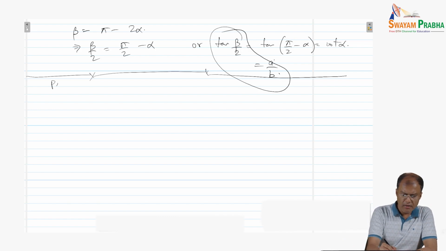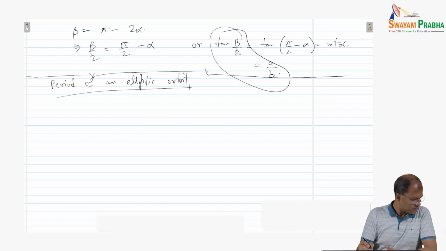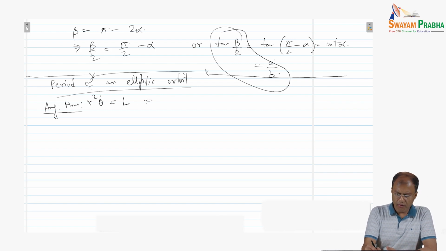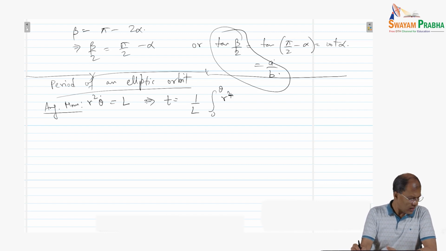So the period of an elliptical orbit. To see the period of an elliptical orbit, let us look at the fact that the angular momentum r square theta dot is L, and from here we find that T is 1 over L integral from 0 to theta of r square d theta, right?